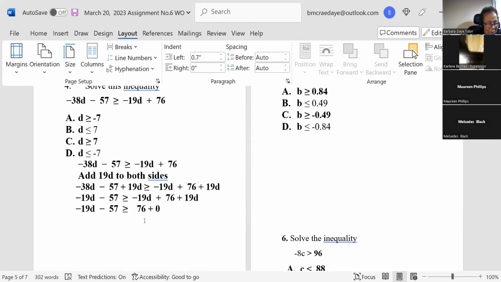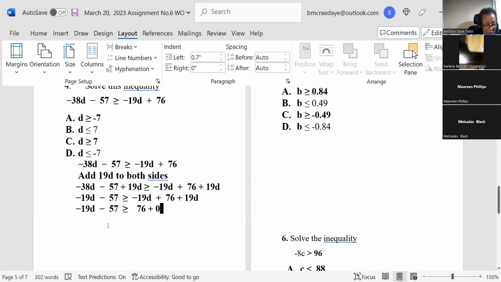You put this to the side. Why would you subtract, Maureen? This is a negative, and if you wanted to go to 0, you'd have to add, right?